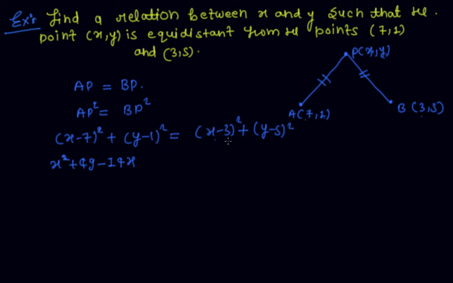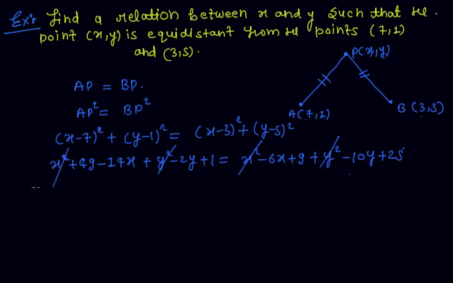Again apply the similar formula on the rest: plus y square minus 2y plus 1 is equal to x square minus 6x plus 9 plus y square minus 10y plus 25. So y square cancels, x square cancels. Rearranging these terms, we find x minus y equal to 2. So this is the relation between the coordinates of point P, and this is the required answer.